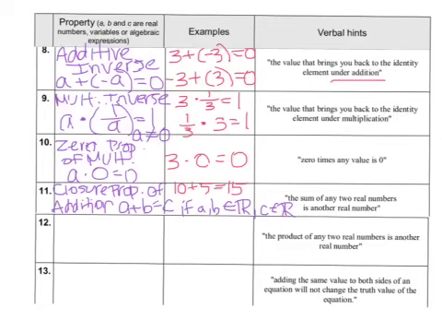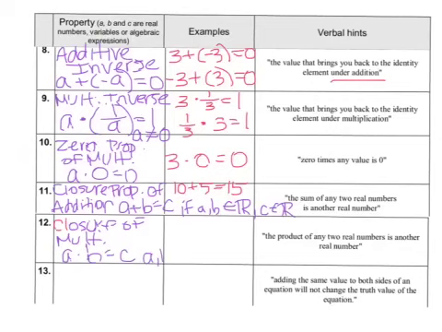Number 12 is similar. The product of any two real numbers is another real number. So here this is just the closure property of multiplication. So if a is a real number and b is a real number, then the result c will be a real number.